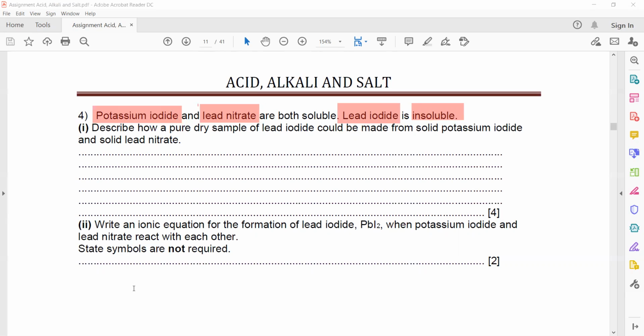So this is how we can prepare an insoluble salt. For the method of preparing an insoluble salt, we will mix two salt solutions and it will form a solid, that will be a precipitate. But what we have in the question, we want to prepare lead 2 iodide.